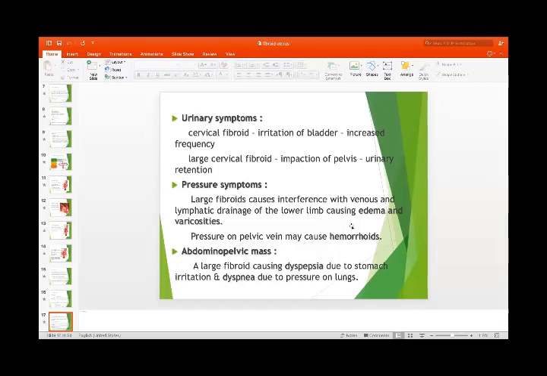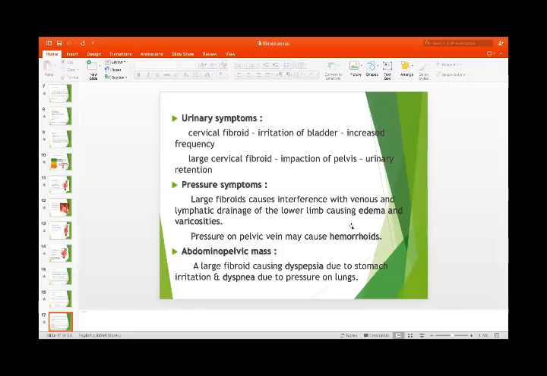The pressure symptoms are caused by the larger fibroids, which cause interference with the venous and lymphatic drainage of the lower limb, causing edema and varicosities. And pressure on the pelvic veins causes hemorrhoids. So these are the pressure symptoms. And if there are huge fibroids, they may cause an abdominopelvic mass.